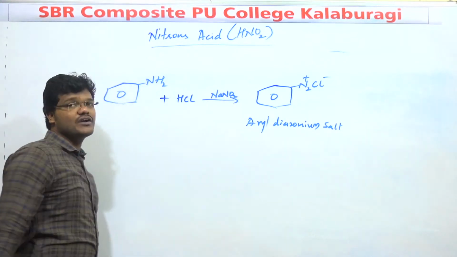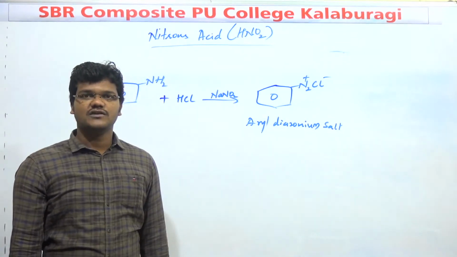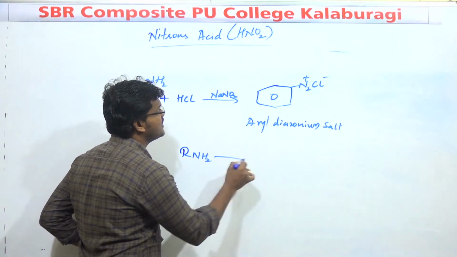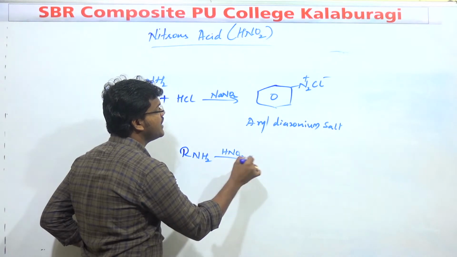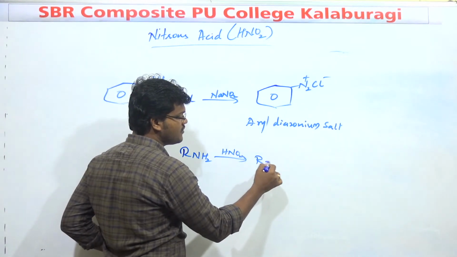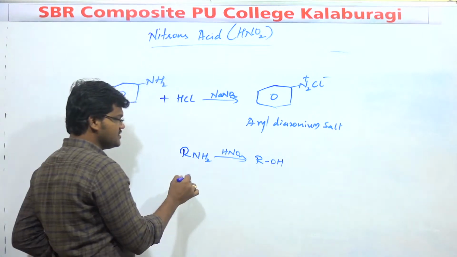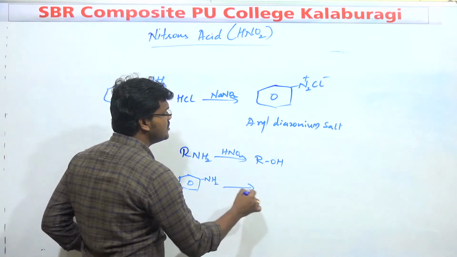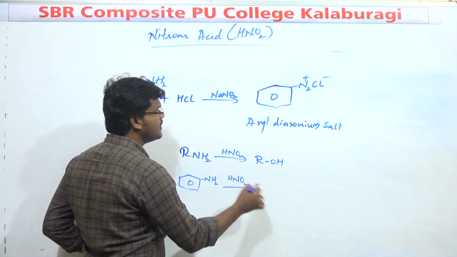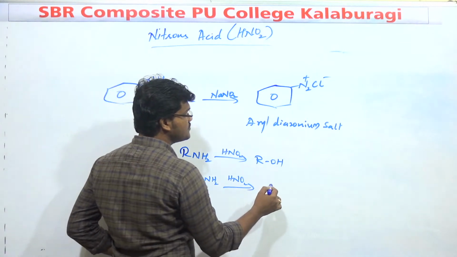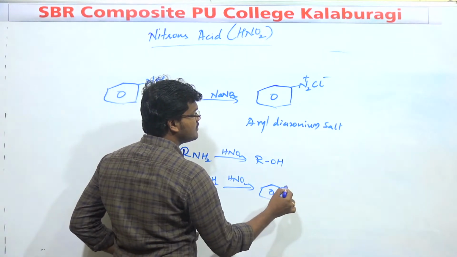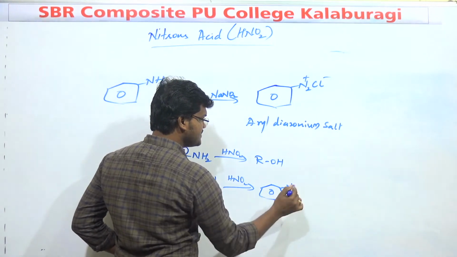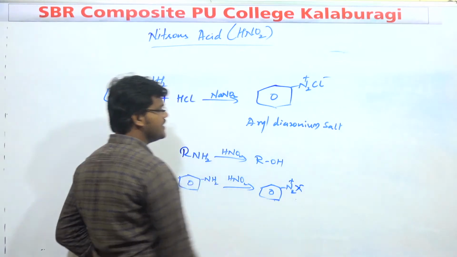This is very important as far as your competitive level exams are concerned. They may ask you: alkyl amines on treatment with HNO2 give you what? Alcohol. Similarly, aryl amines, ArNH2, on treatment with HNO2 give ArN2+X-.